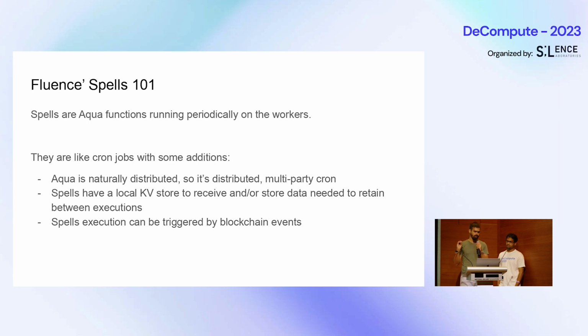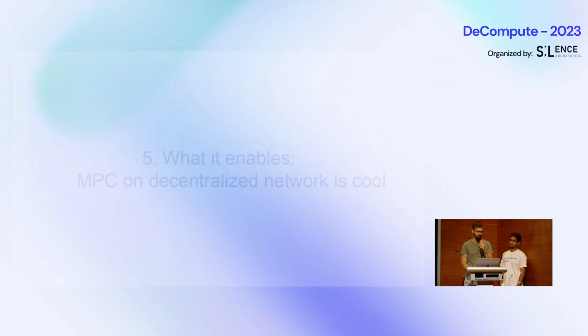So they are like cron jobs with some additions. They are distributed multi-party cron because Aqua is distributed. They have a key-value store to retain intermediary data between the calls. And also spell execution can be triggered not just by a timer, but by blockchain events as well.